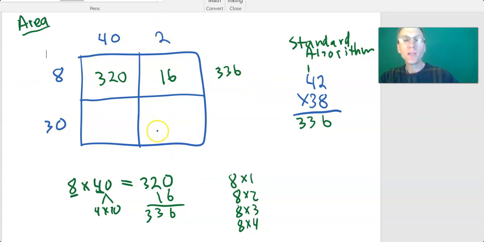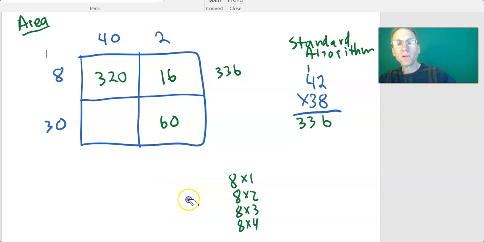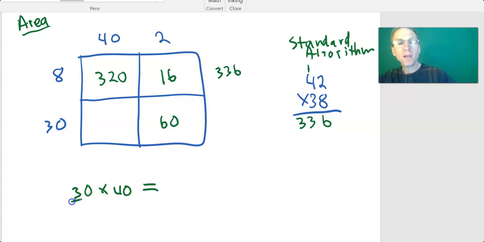So I won't go through that again. That's 3 times 2 math fact of 6 times 10, 60. Okay. 30 times 40. I'll take a quick look at that one though. Let me give you some space down here. 30 times 40. Okay. Have a math fact of 3 times 4. That's 12.